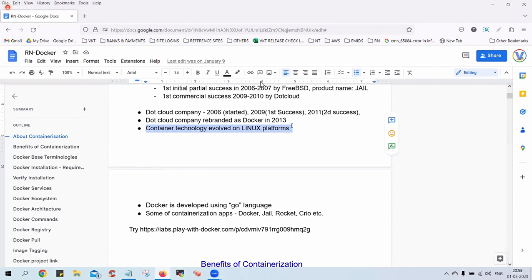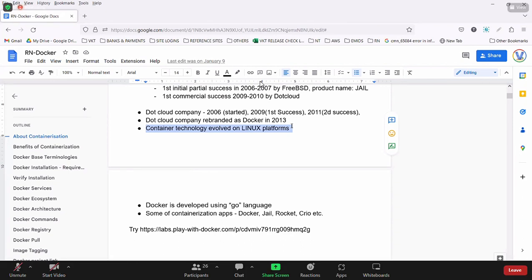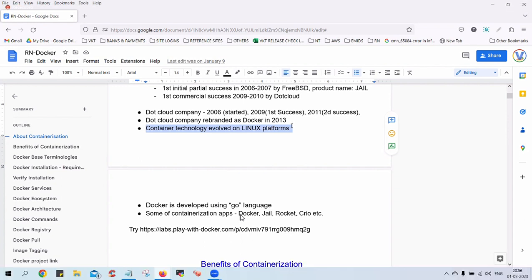Okay. So those who want to make a very good career are aiming at Docker and Kubernetes. So the fundamental stuff is you have to be strong with Linux. Do you agree with me? Because it sits upon Linux. 99% of the market is using Linux.